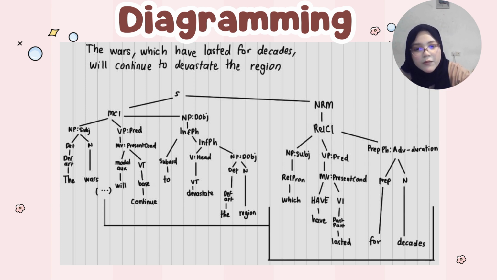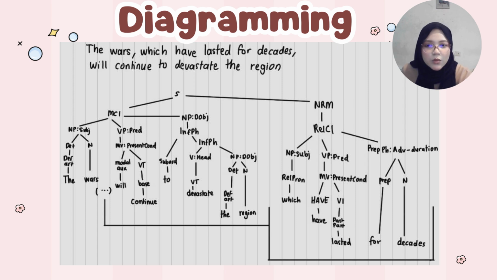For the main clause, we have three branches: the first is noun phrase subject, the second is verb phrase predicate, and the third is noun phrase direct object. Under the noun phrase subject, we have determiner and noun.